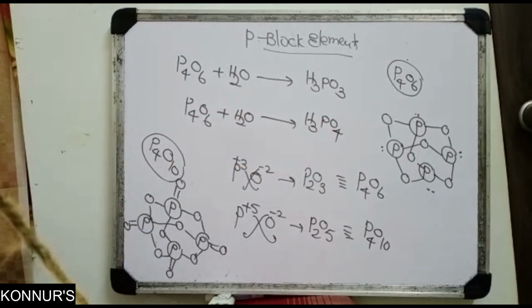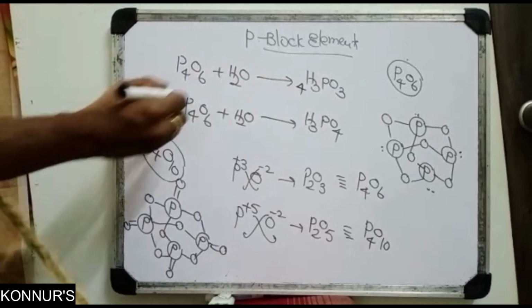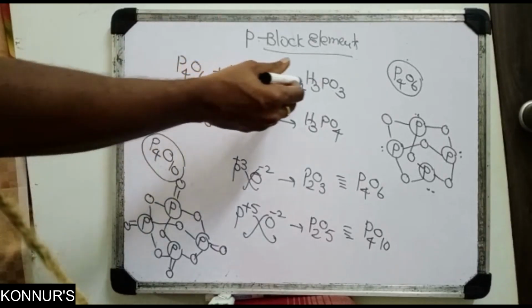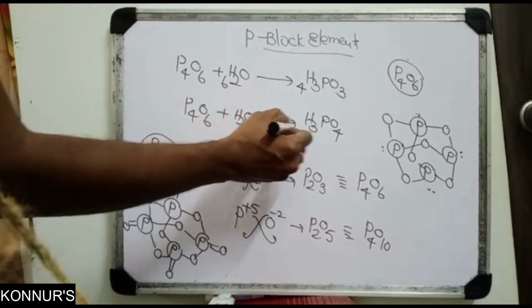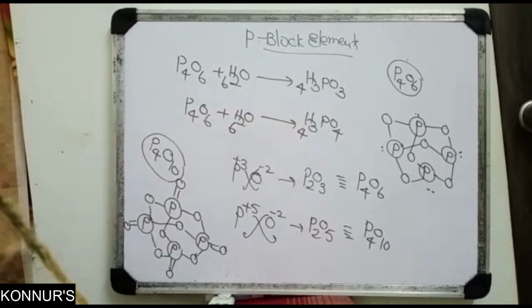In the balancing, for 4 phosphorus, you take 6H2O. So everything is balanced. Try to balance that. That is the -ic acid you are getting.